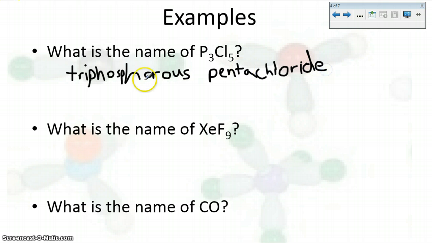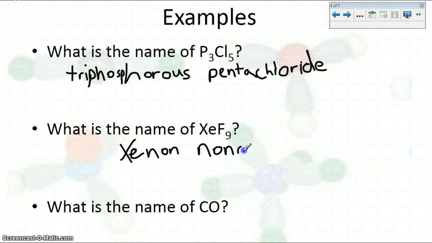All right, there we go. So triphosphorus pentachloride. Here's another example. We have xenon. There's only one, but remember we never use mono on the first element, so we're just going to write xenon. And then 9 is nona.